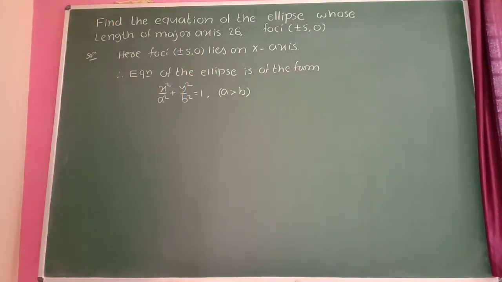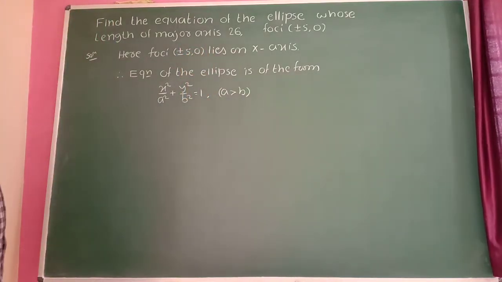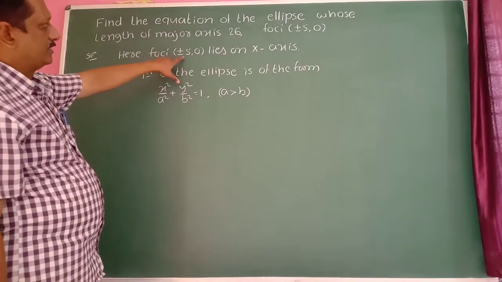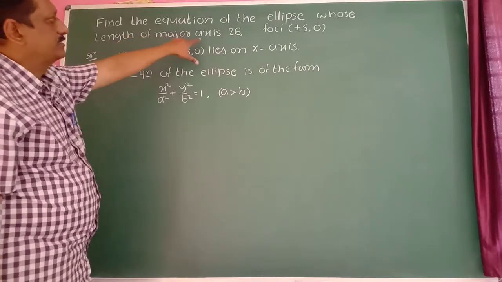If a is greater than b, then x-axis becomes the major axis here. Therefore, here it is plus or minus a comma 0. And here length of the major axis means 2a.